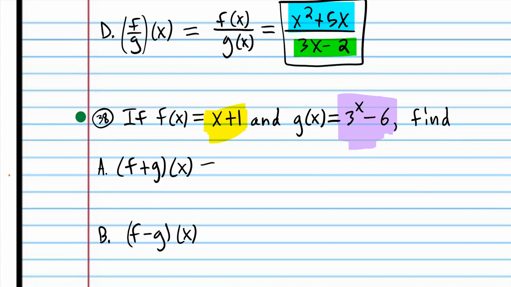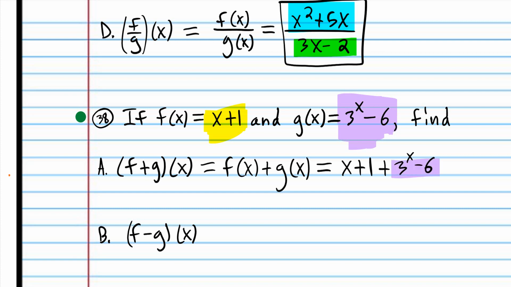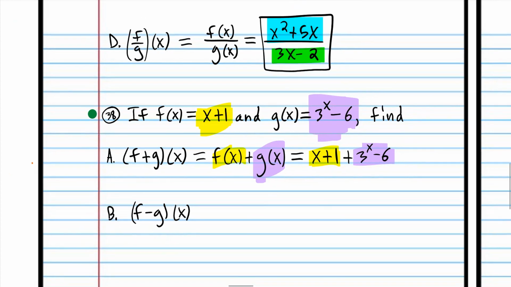F plus g of x is just f of x plus g of x. F of x is x plus 1, and g of x is 3 to the x minus 6. So I'm just adding those together.